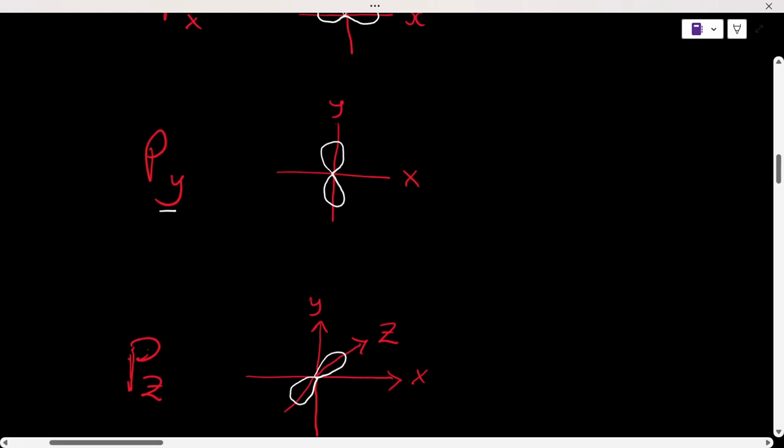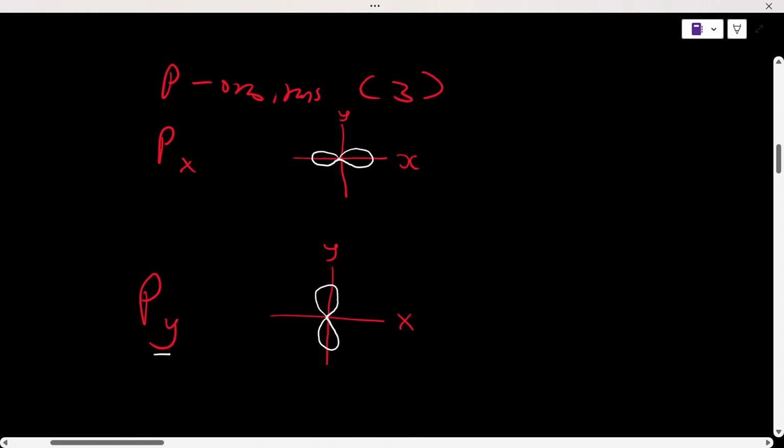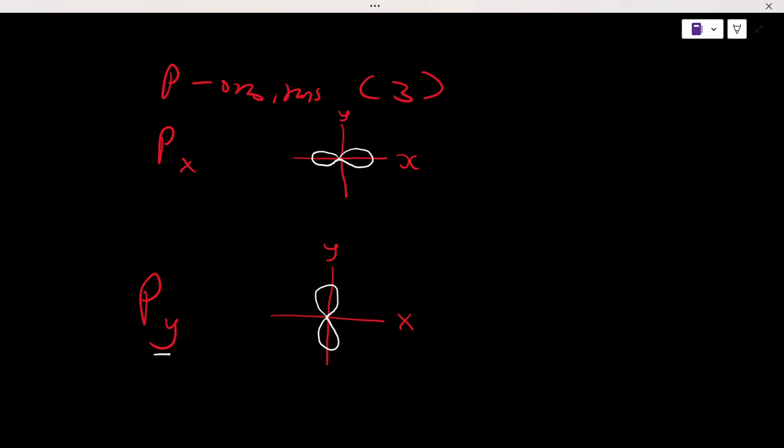So the key thing that we should know is that however much the principal quantum number n is telling me the shell I'm dealing with, angular momentum number tells me the shape of that given orbital. Now, magnetic quantum number tells me the orientation.